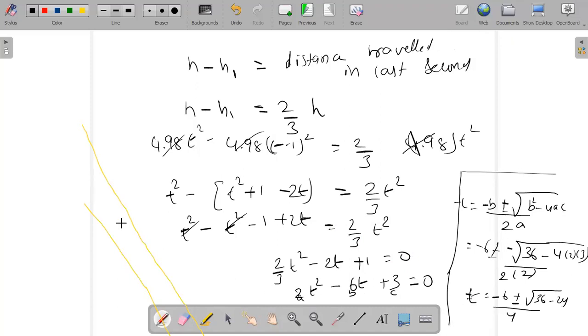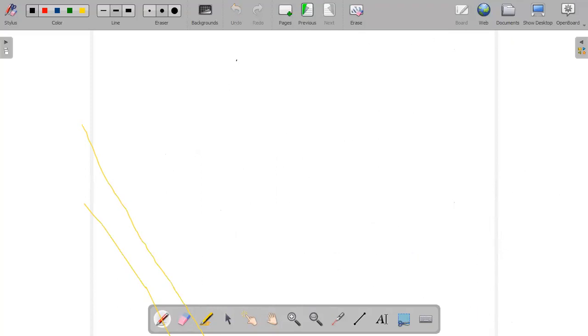If you do it in the calculator, what is the answer you are going to get? Respond fast. You will get t is equal to 2.366 seconds or 0.634 seconds. We get these two values because you have minus and plus.